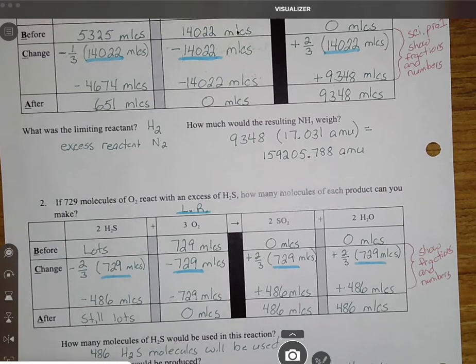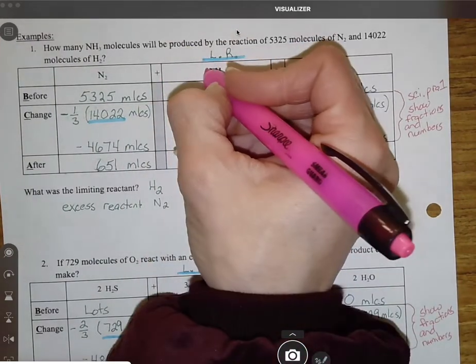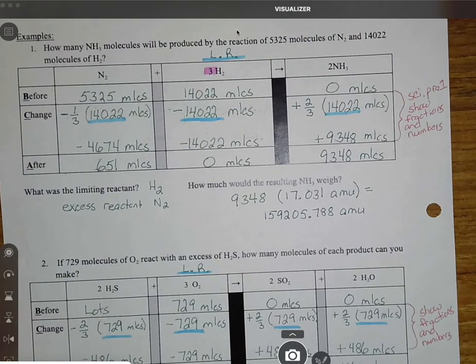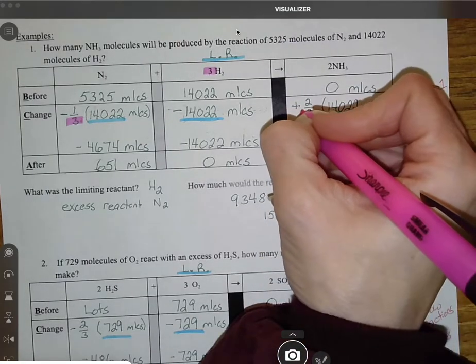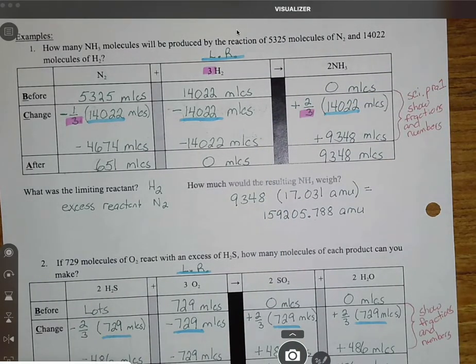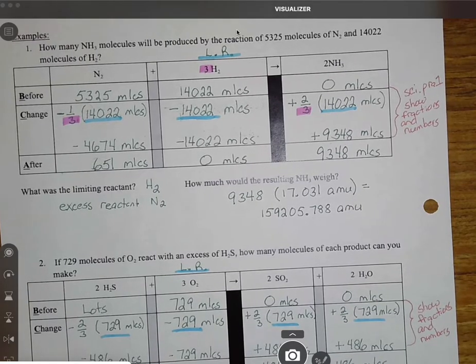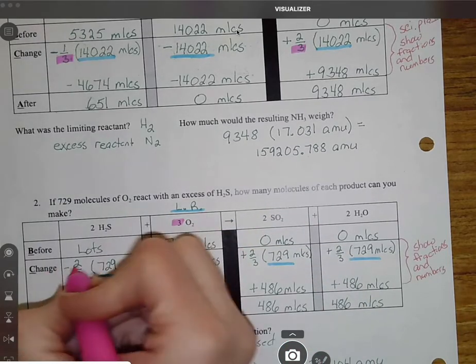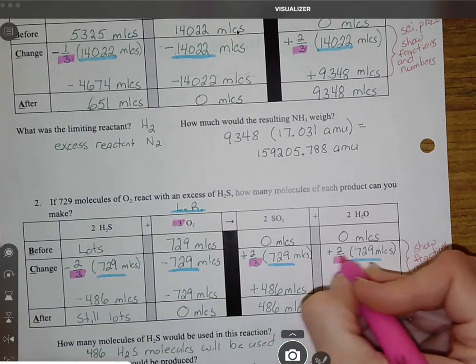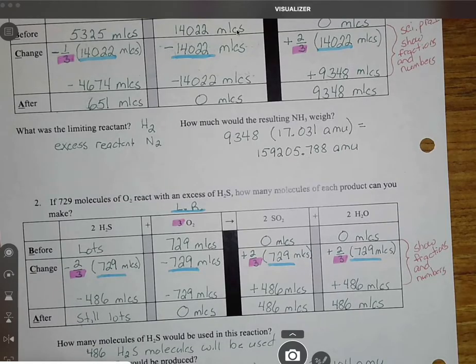The other significant thing about the limiting reactant is that the coefficient on the limiting reactant is going to show up in the denominator of every single fraction. One batch of this is per 3 H2s, and that idea, per 3 and per 3, shows up in the denominator of every fraction. The coefficient on the limiting reactant shows up in the denominator of every single fraction.